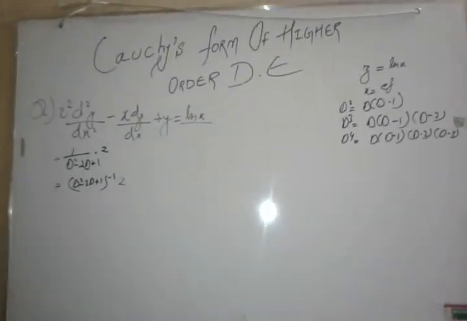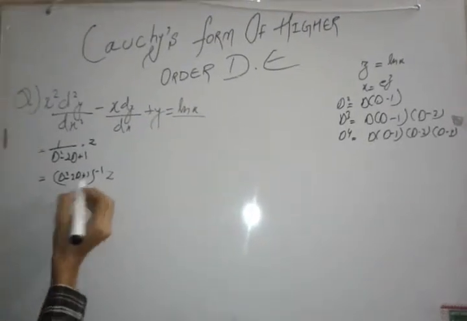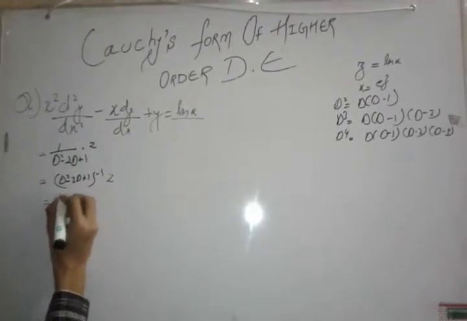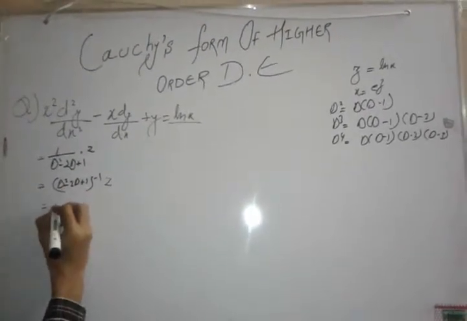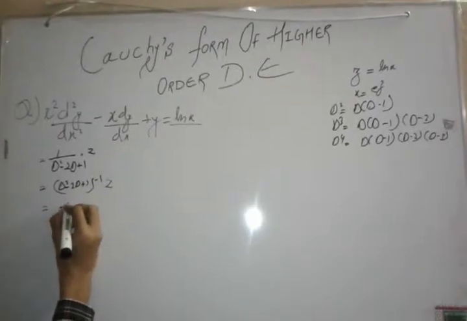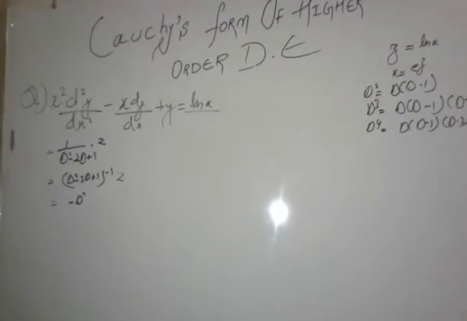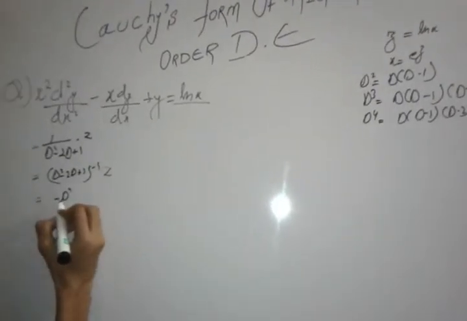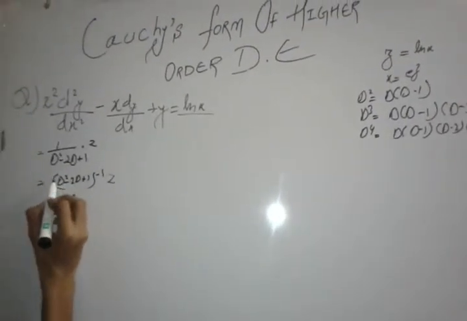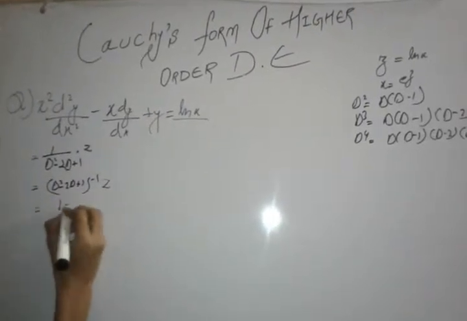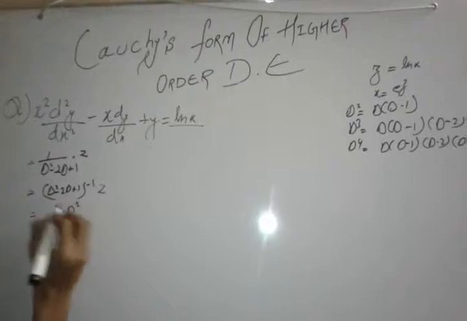Here, expanding this term by the binomial formula. Now it will be with a negative sign, minus D square, but we often make a mistake, so we write this term first. We will write this term first, then it will be 1 minus (D square minus 2D), with alternate signs.